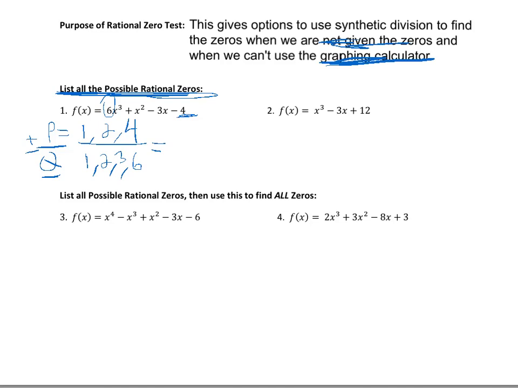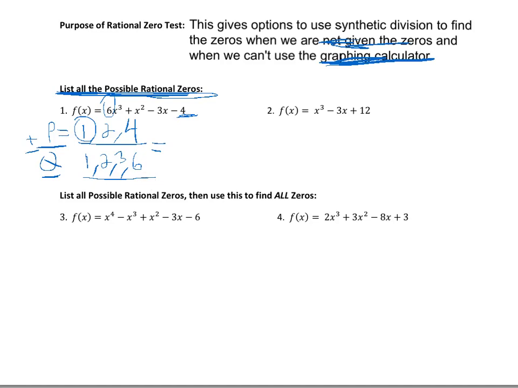Now what I do is I take this 1 and put it over all of these terms. So I'm going to put 1 over 1, 1 over 2, 1 over 3, and 1 over 6. They're going to be possible rational zeros.